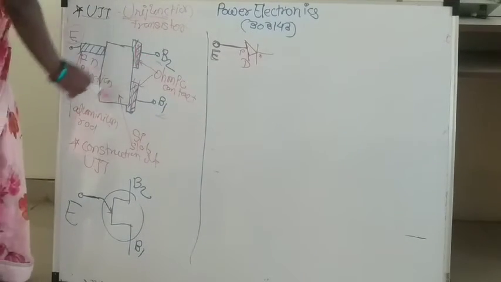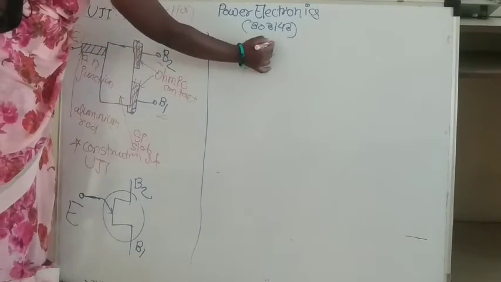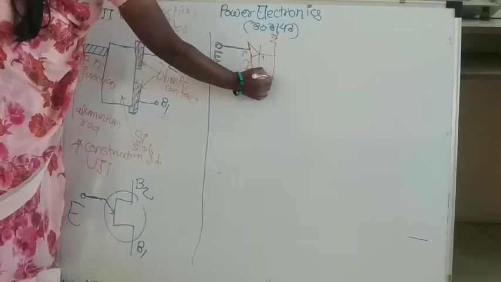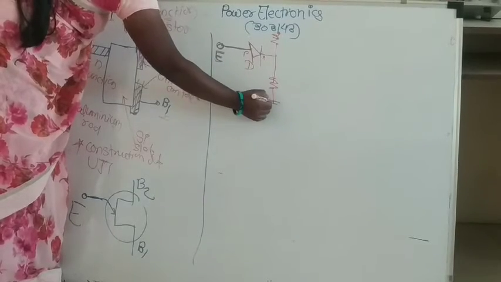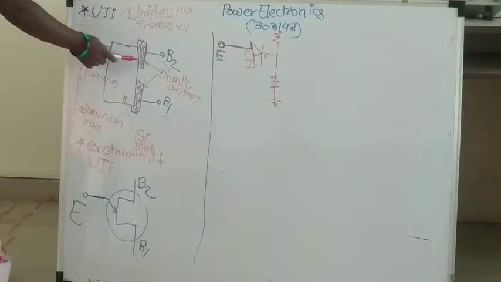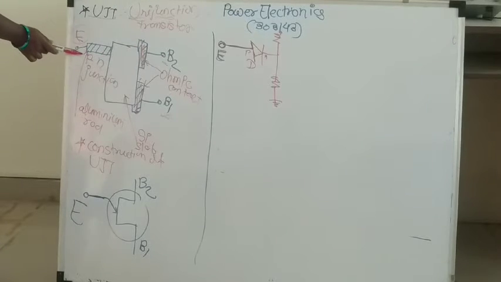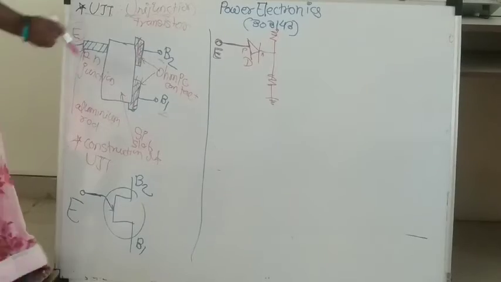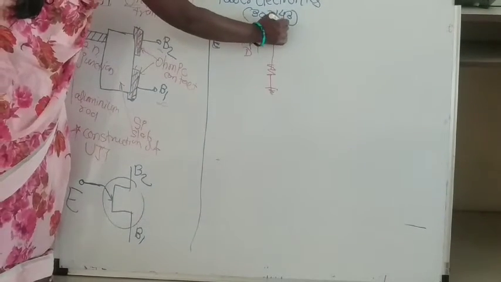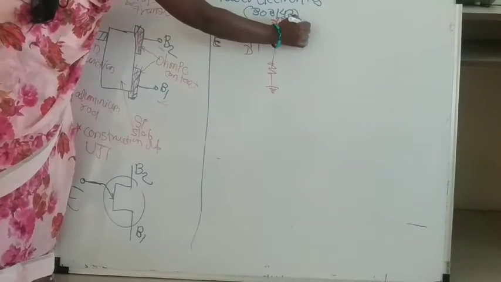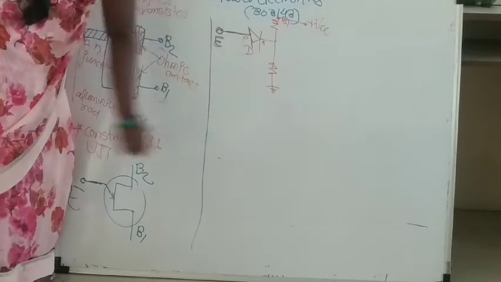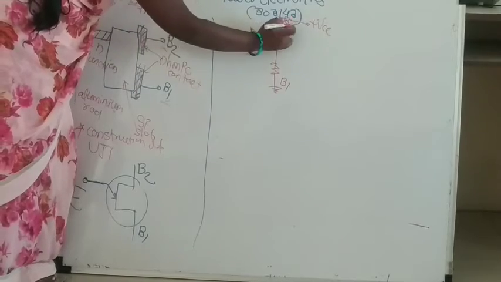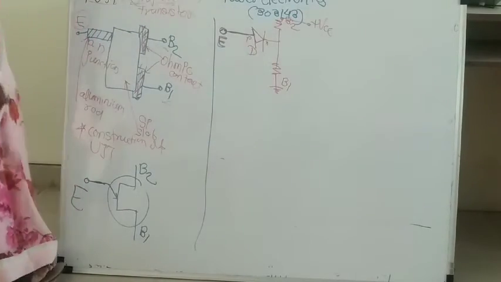After that, base 1 and base 2 resistors are there. Here, first one resistor, second one resistor. Here I told you that base 2 is closer to the emitter terminal, hence it is at more potential than base 1. This base 2 is connected to the positive potential, means at higher potential.